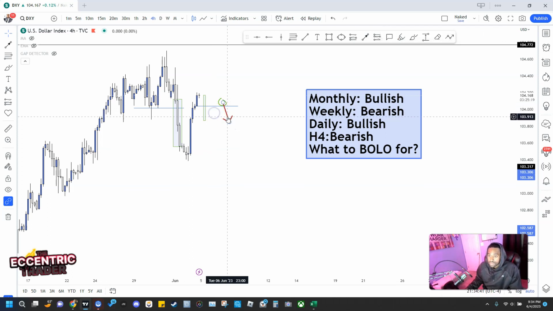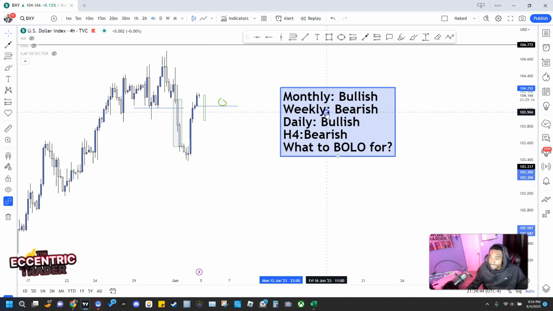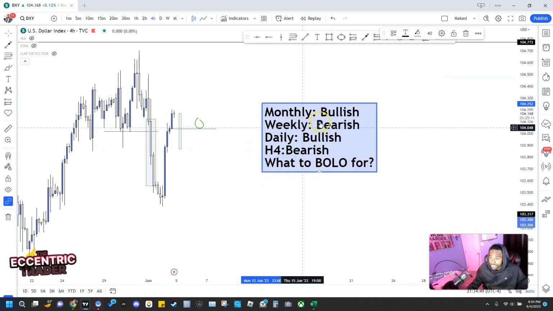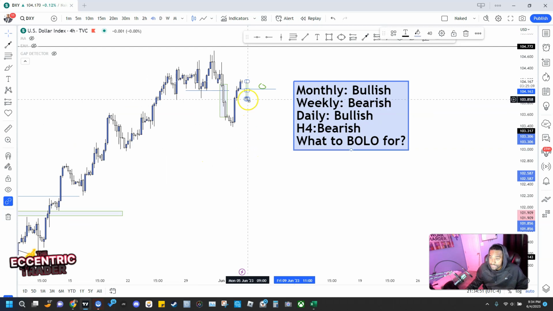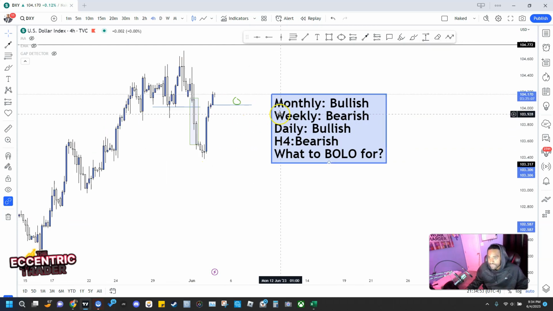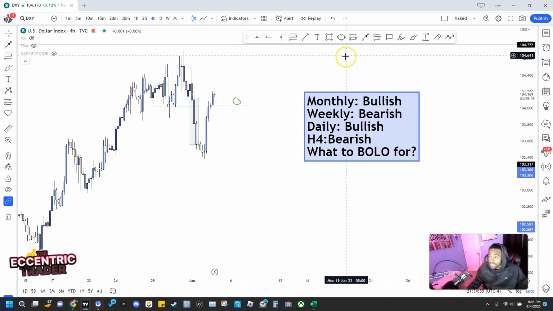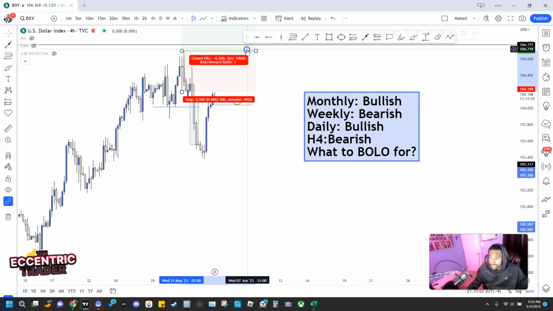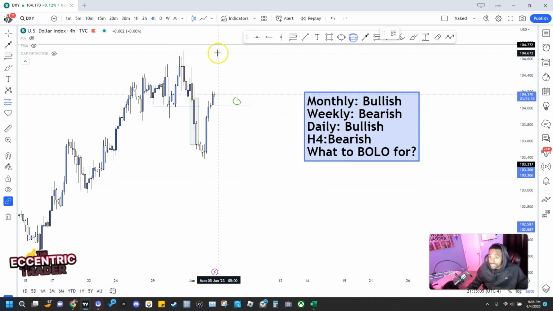But yeah, that's pretty much it for DXY. Pretty clean. I'm definitely expecting, based off this right now, currently, the dollar to go down. Let's draw my fibs.